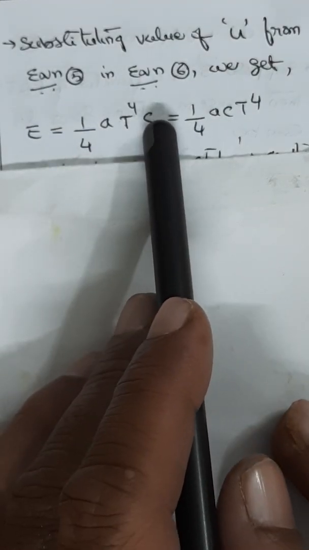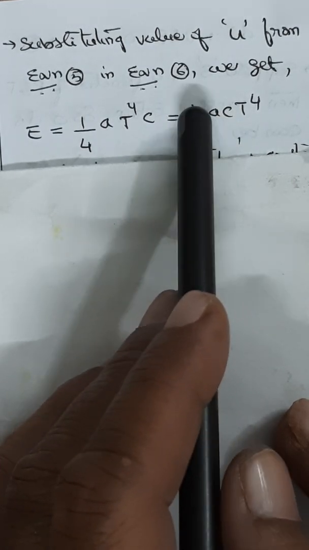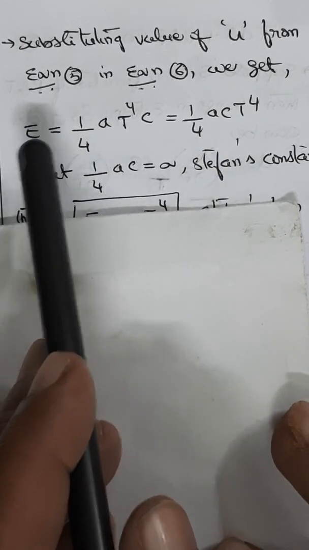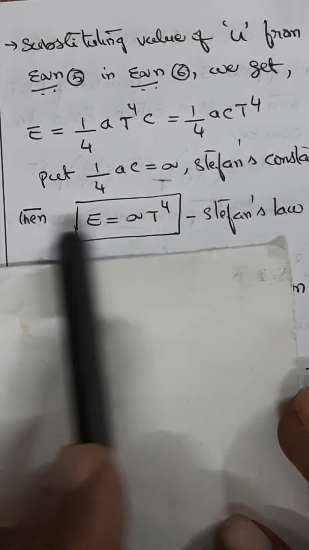Therefore, E equal to 1/4 AT power 4 c. Rewriting this for convenience as 1/4 Ac into T power 4, we can write 1/4 Ac as a constant, that is sigma, Stefan's constant. Then E becomes sigma into T power 4. This is Stefan's law.